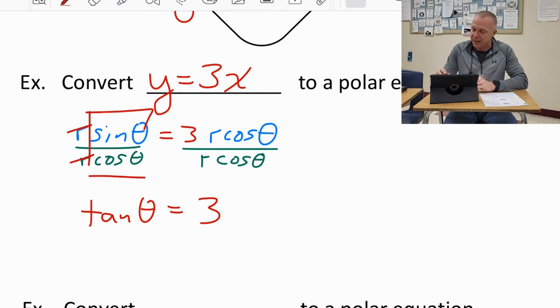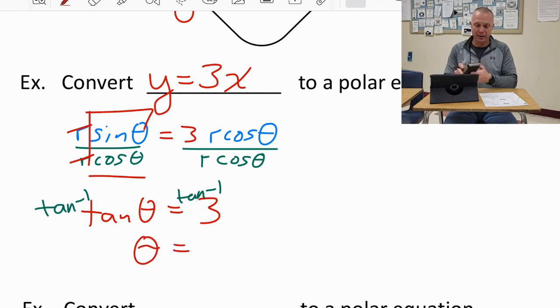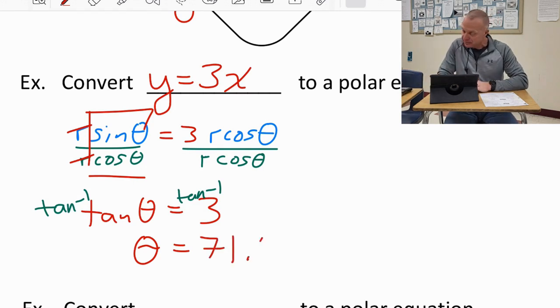And it turns out that since tangent equals 3, if I do the inverse tangent, remember, anytime you do an inverse, you always get an angle. So if I do the inverse tangent of 3 on my calculator, I know it's kind of strange, but trust me, you probably should try it. It's kind of cool. You get an angle. You get 71 degrees.